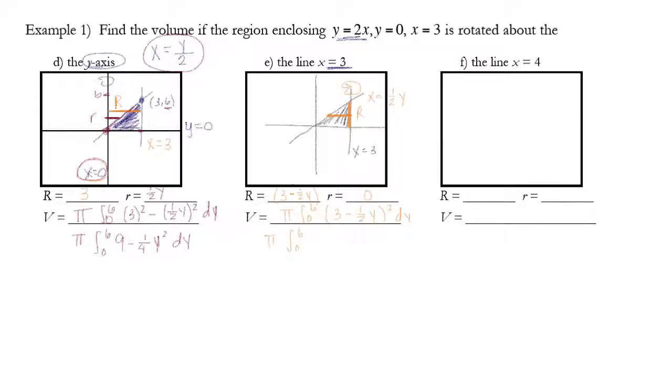So we're going to have 9 minus, let's see, 3/2 and 3/2, so that's 6 over 2, which is 3, isn't it? So we're going to have 3y, and then plus 1/4 y squared. And now you're ready to do your integration.